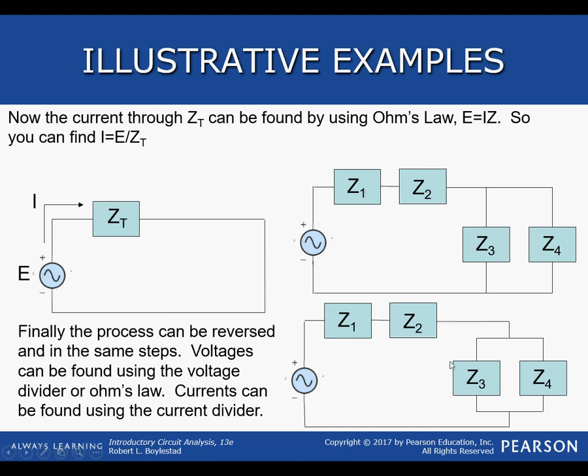So this would be the portion of the impedance of the voltage across here. So it's a ratio. You just use the voltage divider formula. Likewise, if you wanted the current back through, say, Z3, then you know that I is going through these two elements, and then it's being divided between Z3 and Z4. So you would use the current divider to figure out what the current is through Z3.